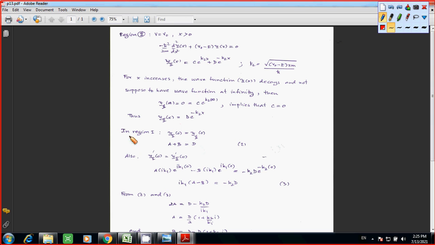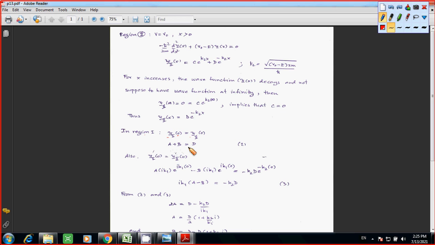Now in region 1, you also apply the boundary condition. That means psi 1 has to be continuous. So the wave function in region 1 at 0 has to be equal to the wave function in region 2 at 0.